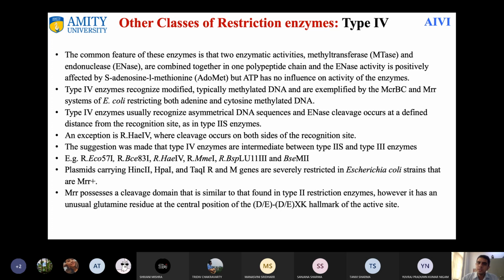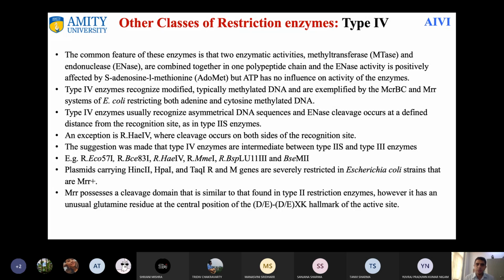One subunit does the job of methylation, the other subunit does the job of endonuclease activity, but here only a single unit is there which causes both actions, that is, methyltransferase activity and endonuclease activity. So this is the property of type 4 that is different.